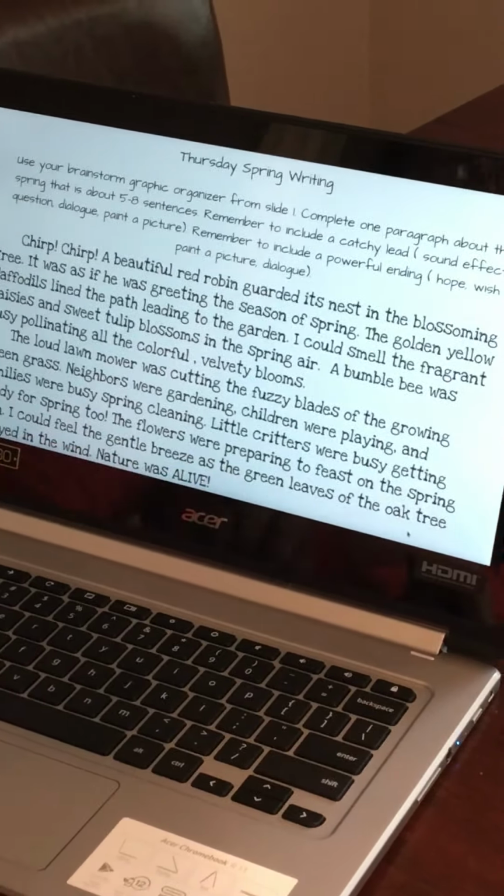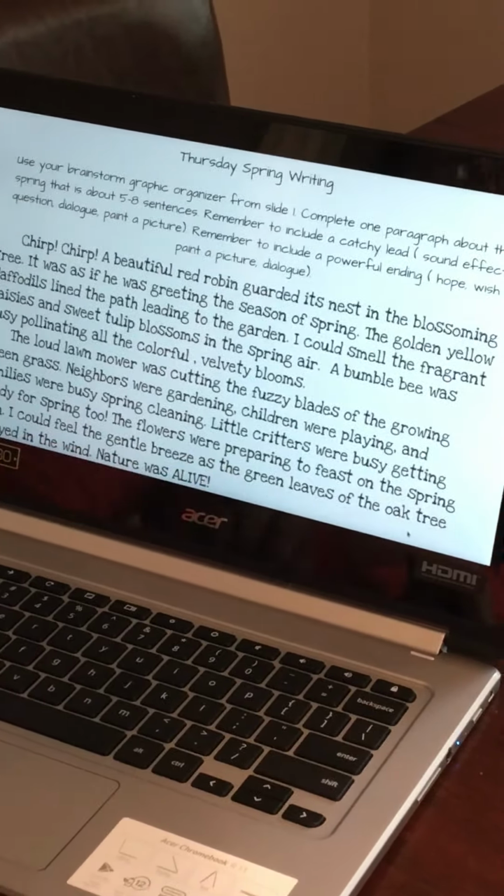Little critters were busy getting ready for spring too. And I'm going to show you, boys and girls, that I really was using my graphic organizer. So all in I see, I had family spring cleaning, neighbors gardening, little critters getting busy. So I made sure to include them in my writing.